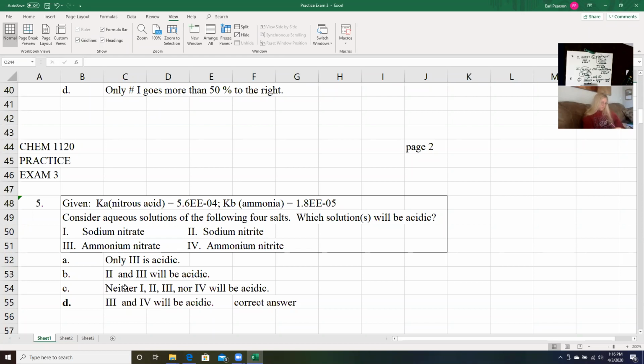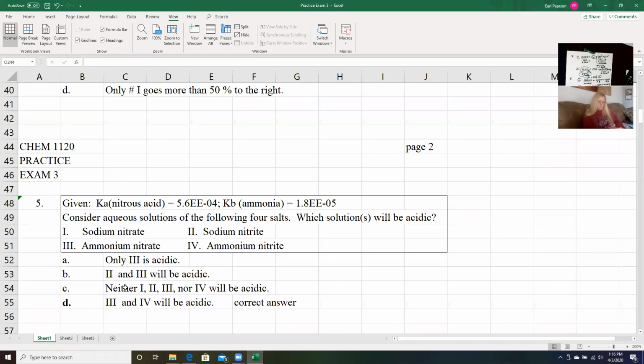Now let's look at salt number 2. Salt number 2 is NaNO2, sorry, I read it wrong. How would you make that? You would make that from NaOH plus HNO2. This is a strong base, and this is a weak acid.